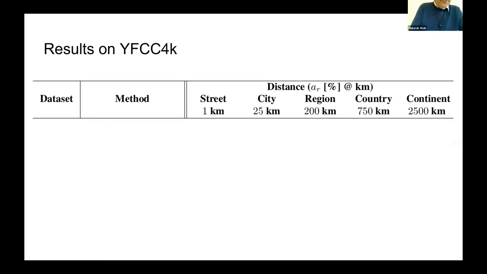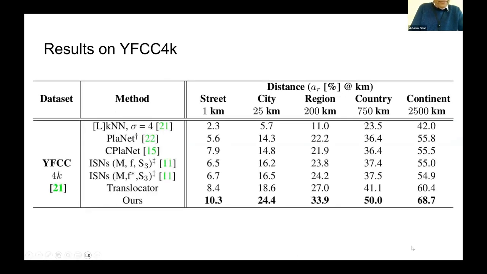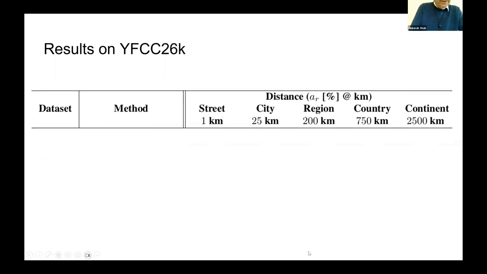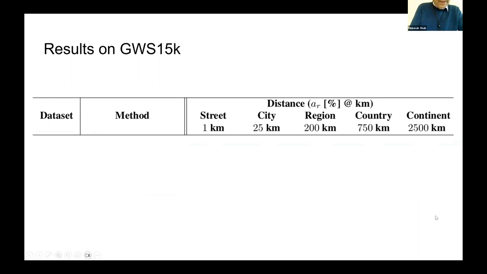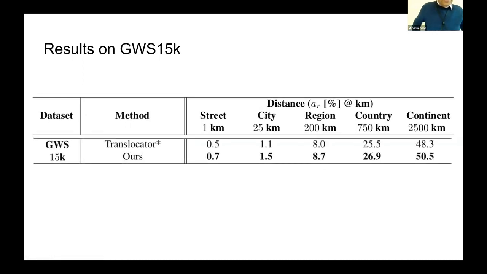This is YFCC 4K. Again, we beat the state of the art. And this is 26K. We beat the state of the art. And this is our data set. As you see, this is a very complex data set. It's a very, very small percentage, less than 1%, so this is a long way to go.